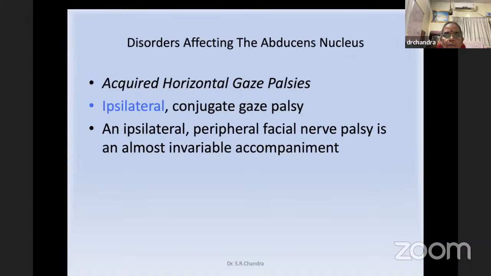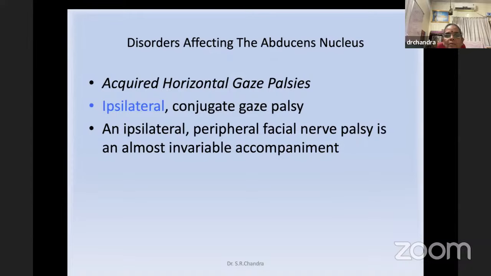Then disorders affecting the abducent nucleus cause horizontal gaze palsies, nuclear sixth nerve palsy. It can be an isolated sixth nerve palsy or PPRF. If there is a paralytic lesion of the PPRF, the eye will move away from the side of paralysis. In an irritative lesion, the eye will move towards the side of paralysis.